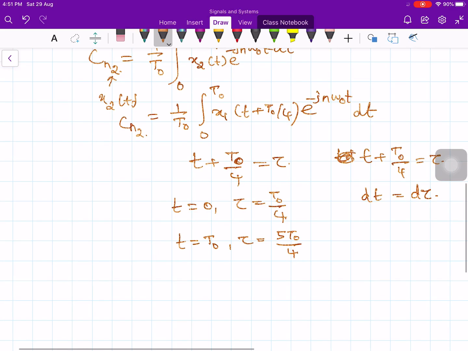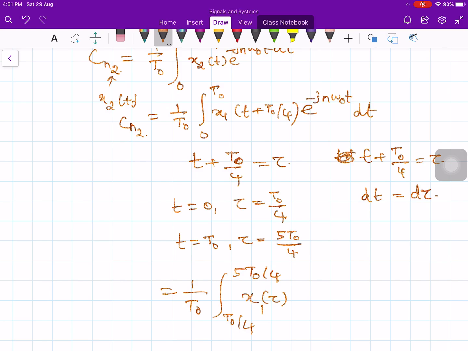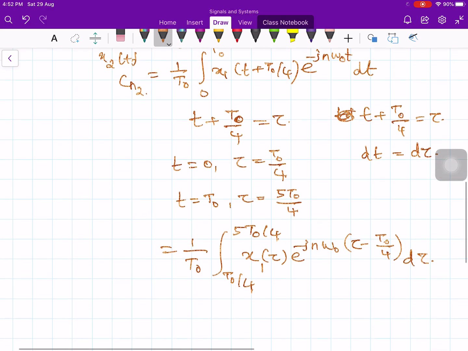Then it is 1 over t naught integral from t naught over 4 to 5 t naught over 4 of x1 of tau e to the minus j n omega naught, tau minus t naught by 4, d tau.